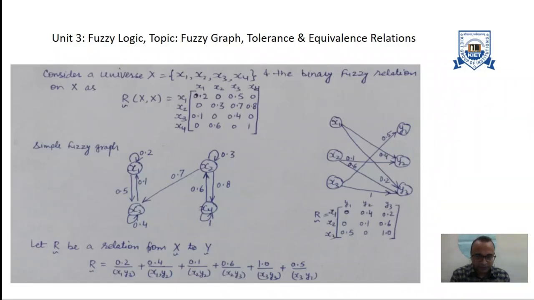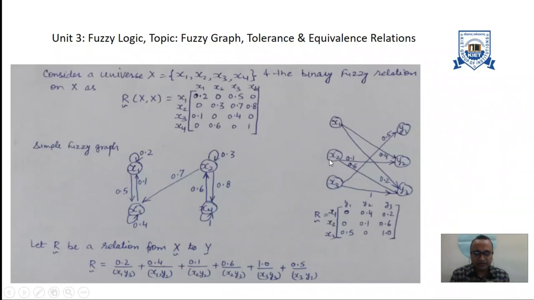So we maintain a matrix of the relationship. You can see here x1 y1 is not mentioned, so there is no relationship; the membership value is 0, then 0.4, then 0.2. x1 y2 has membership value 0.4, x1 y3 has membership value 0.2. This way we establish a matrix also, and the relationship is between the elements of two universes.